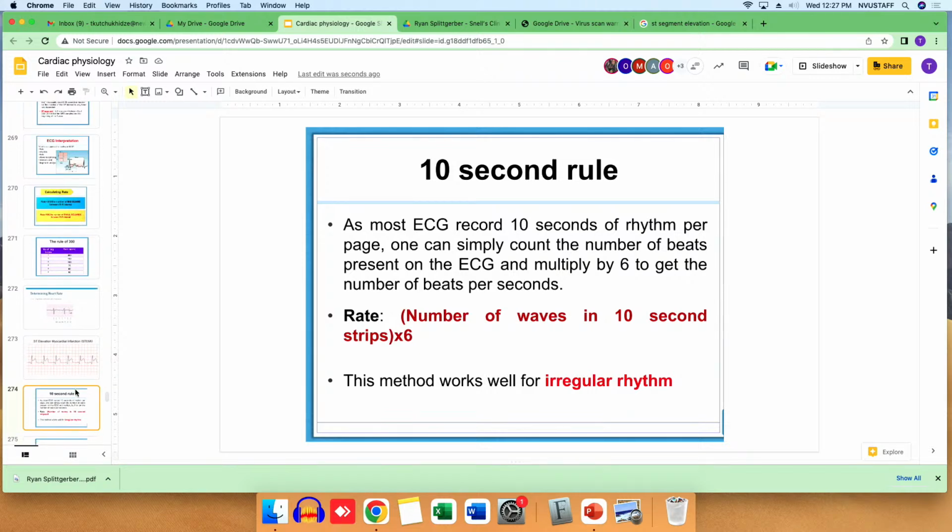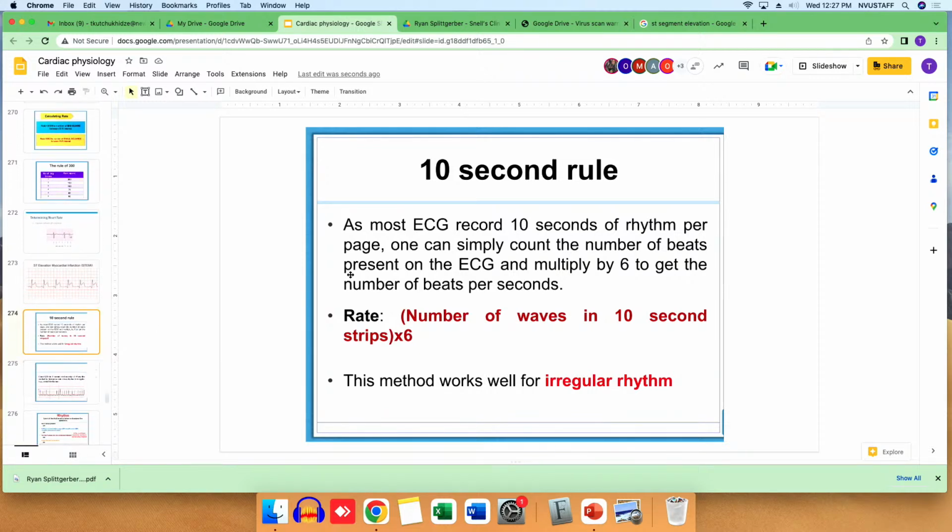We can have another rule, it is called the 10-second rule. Most ECGs record 10 seconds of the rhythm per page. One can simply count the number of beats present on the ECG and multiply by 6 to get the number of beats per minute. So the number of waves in a 10-second strip multiplied by 6, and it really counts when we're having an irregular rhythm mostly.